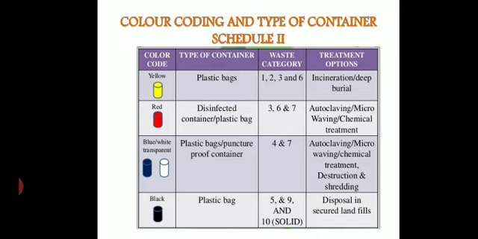What is the treatment method? That is disposal in secured landfill. As it is a solid waste, you can dispose it in secured landfills. So this is all about the color coding and type of containers in Schedule 2.